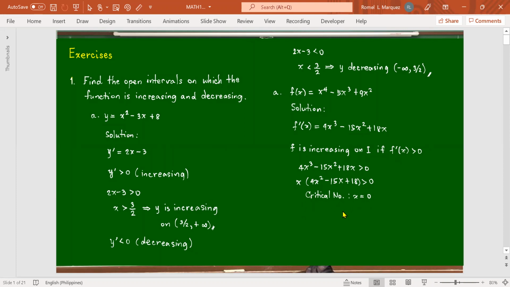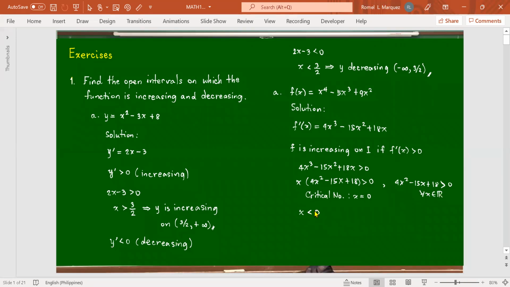So to the left of 0, x is negative, and the other factor is always positive, for x squared is always above the x-axis, meaning that is always positive for every x that is a real number.